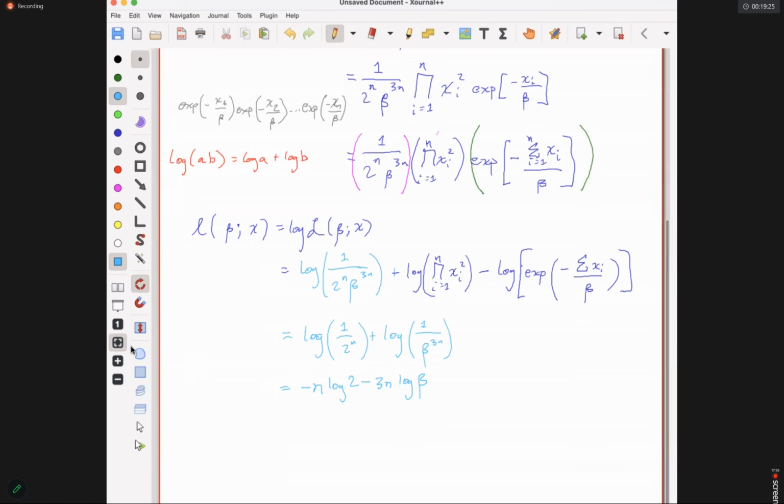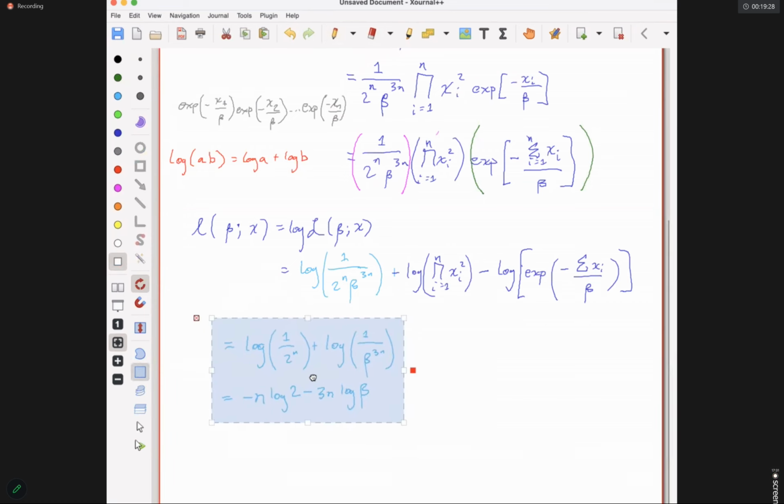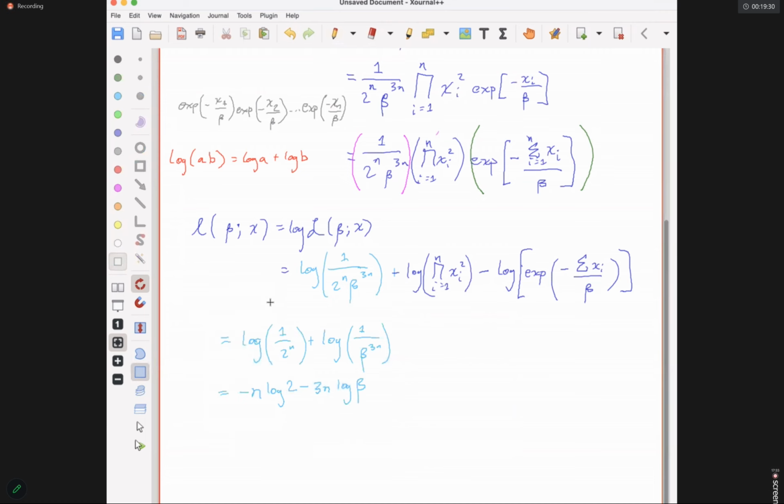And now let's look at the second thing. Where do I go with this second one? That I have in the blue still, or I'll put it in green. Is there anything I can do to this one? Yeah, I can put the 2 outside.